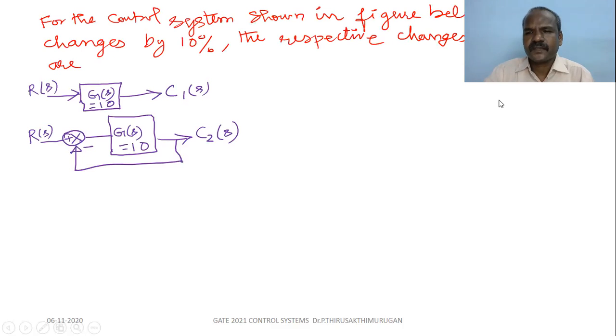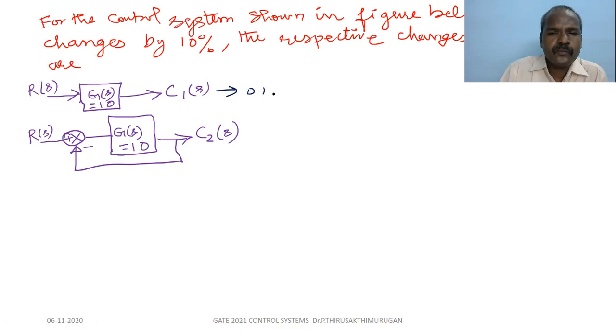Next, in the control system shown in the figure below, if G of s changes by 10%, find the respective changes C1 and C2. C1 is in the open loop and C2 is in the closed loop.